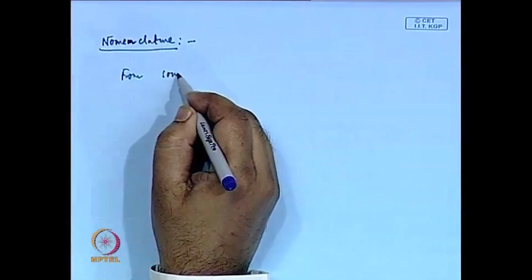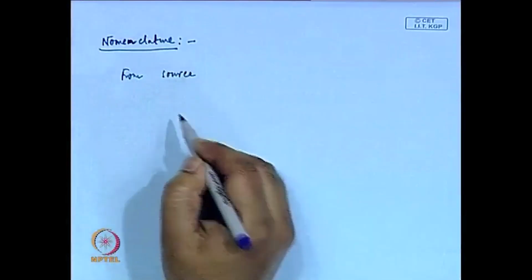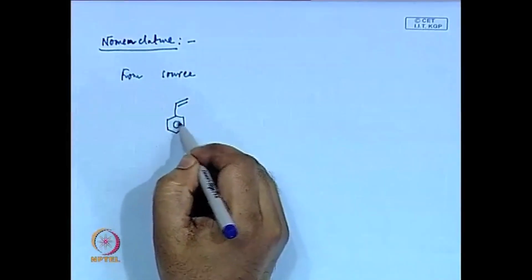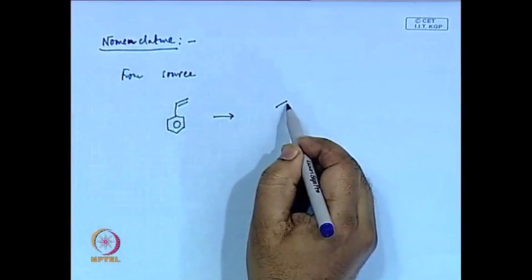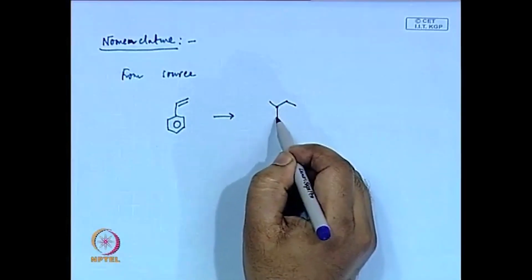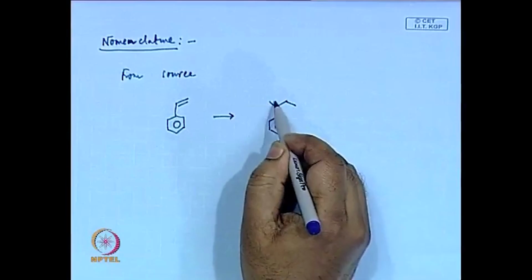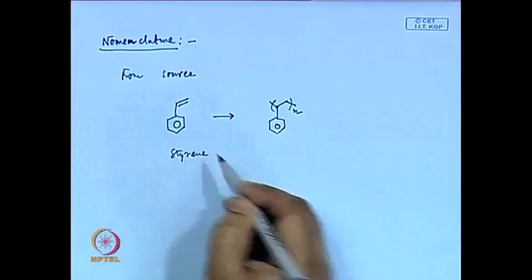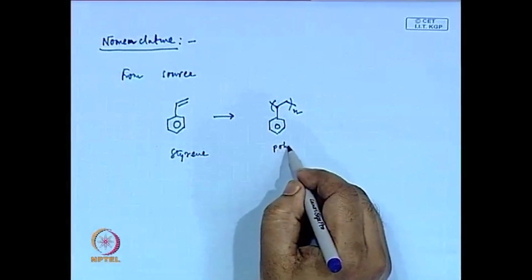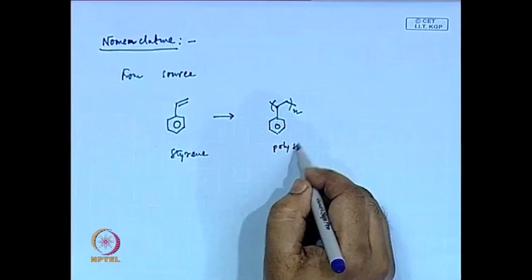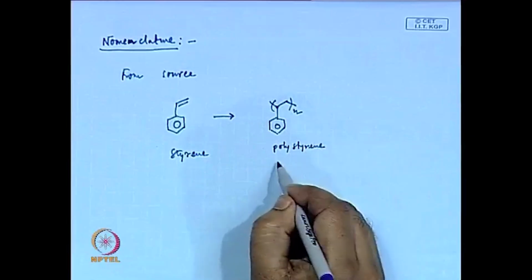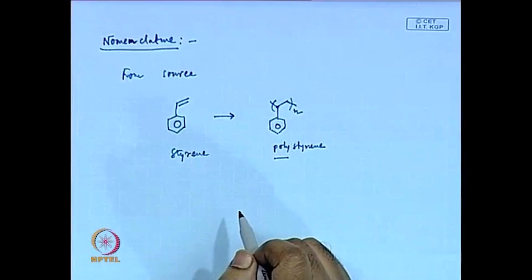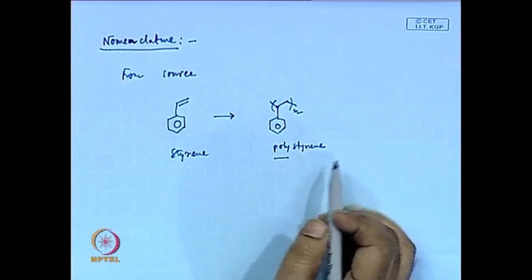From source, that means if you have polystyrene, this is styrene. So, you just prefix the term poly followed by the monomer term and you name this as polystyrene.